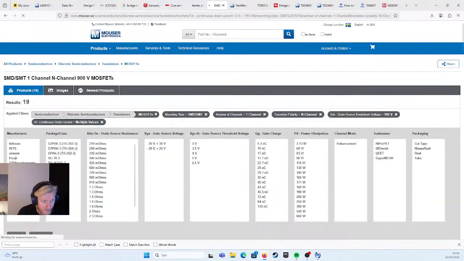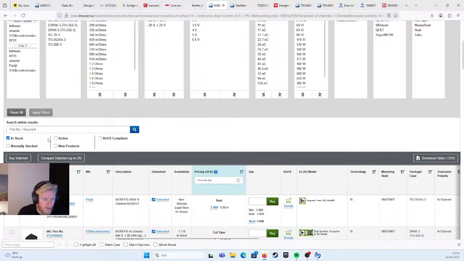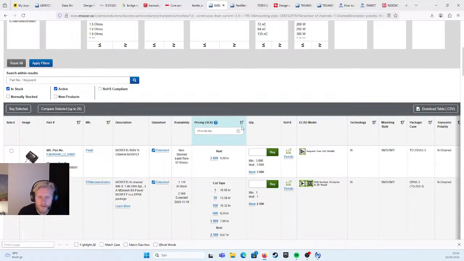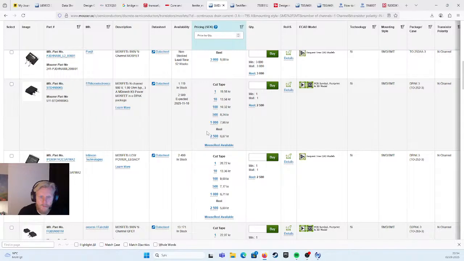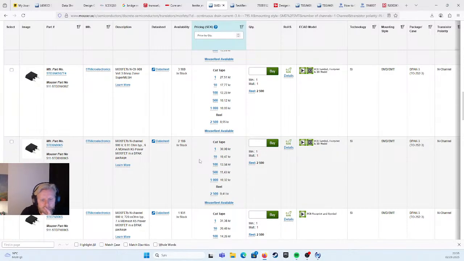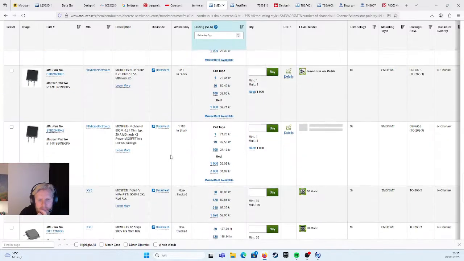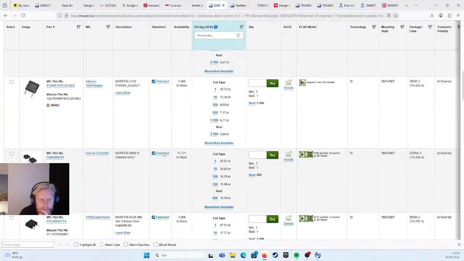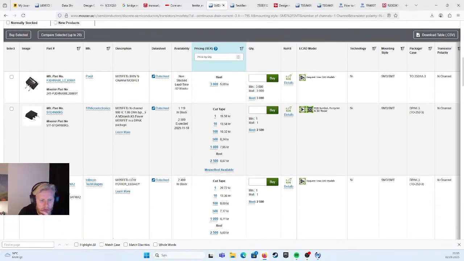Let's look at price, in stock, active. Quite pricey. But this one was good.